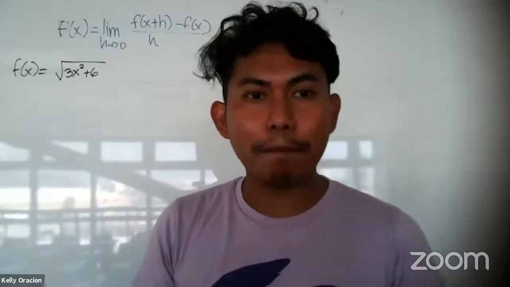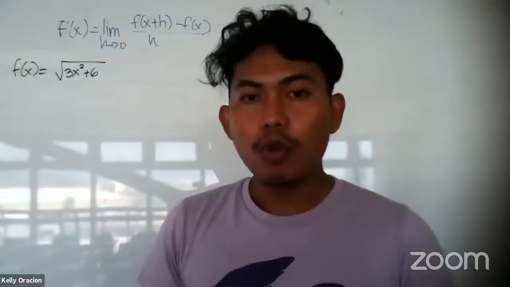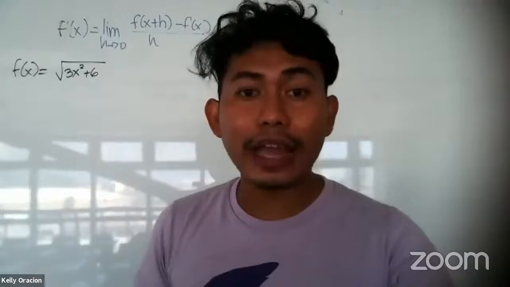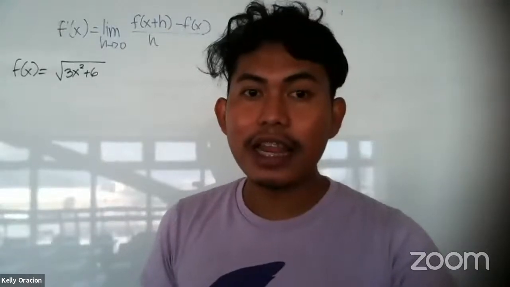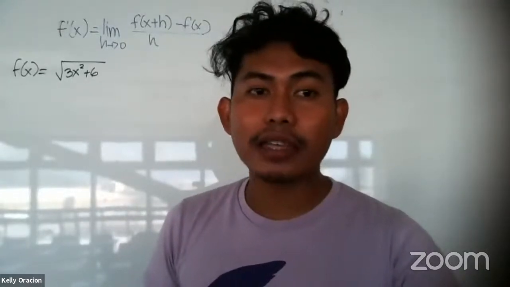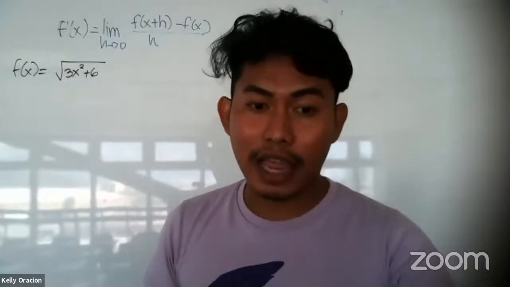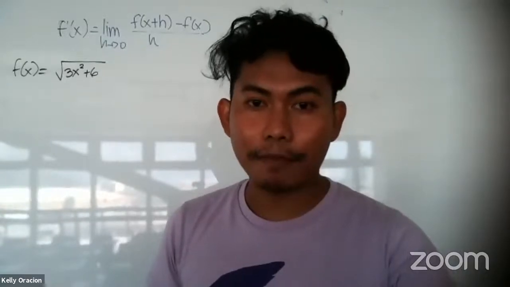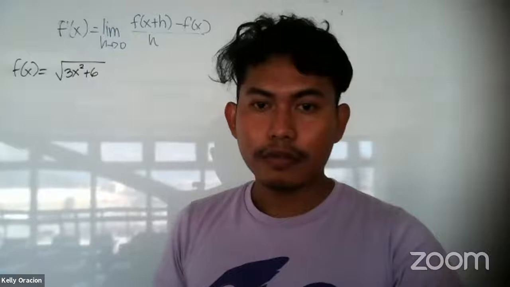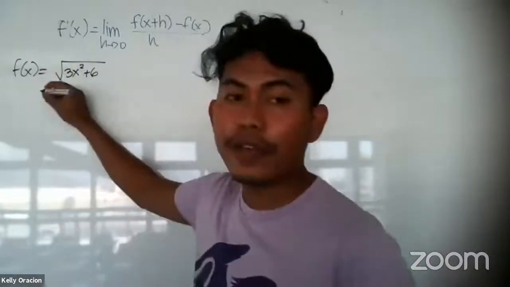The first step, you need to substitute the value of your x by x plus h. Yung first step. So you have here the limit of square root of 3 times x plus h squared plus 6.